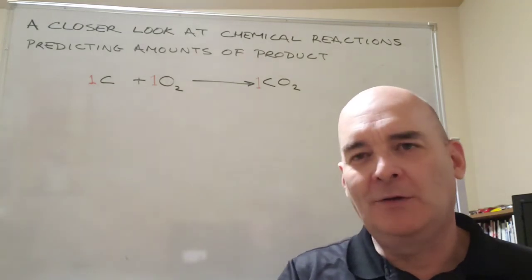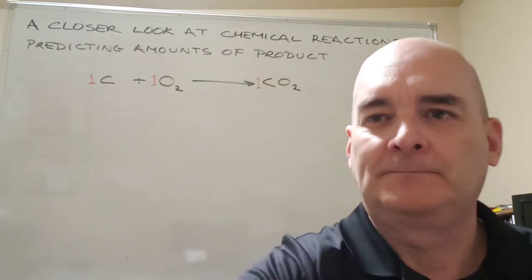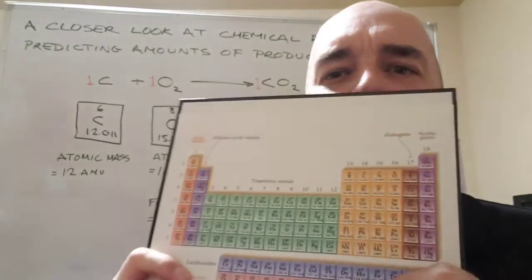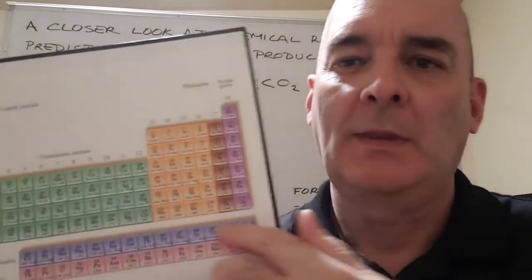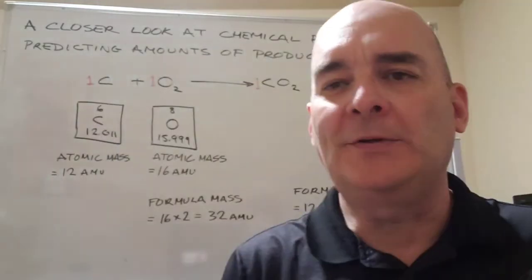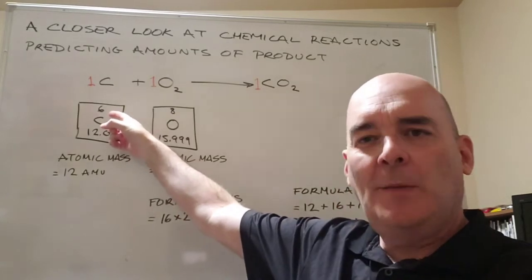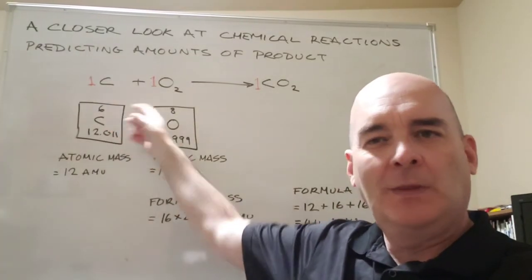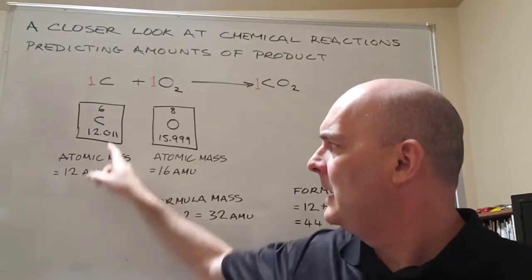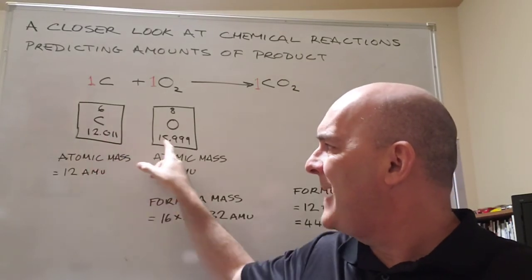Here's where we have to go back and look at the periodic table. When we look at the periodic table, we find carbon and we find oxygen. And inside the box, there are 2 numbers. The number at the top is the atomic number. That's the number of protons. We don't need that number for today. What we do need is the mass number.